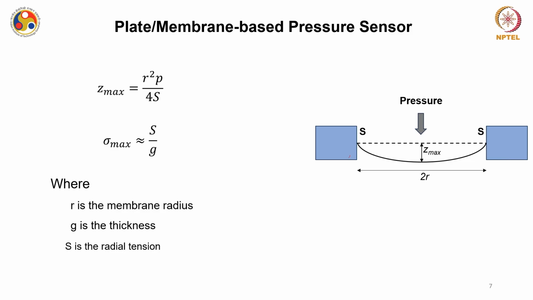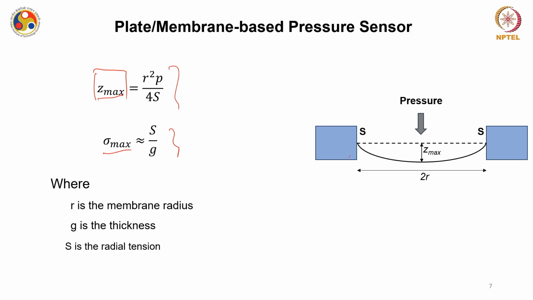The maximum stress sigma max is S by G. So for the condition when there is a maximum deflection in this plate, you can also calculate the maximum stress in terms of pressure. In these two equations, R is the membrane radius, G is the thickness and S is the radial tension.